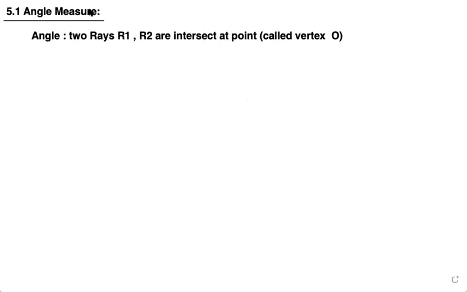So here, suppose this is my R1, and this is my R2, and these two rays intersect at this point. This point is called O, the vertex.